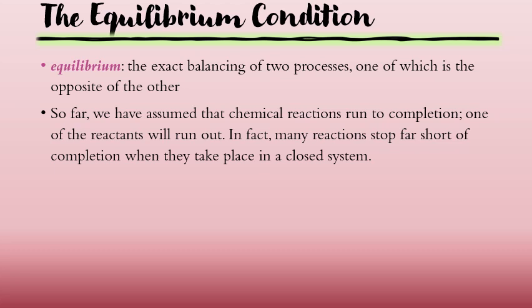We spent a lot of time talking about limiting reactant, theoretical yield, all that stuff. But it turns out in reality, a lot of reactions, especially gaseous reactions and reactions in aqueous solutions, stop way before the limiting reactant is completely used up. Many of those reactions stop far short of completion when they take place in a closed system.